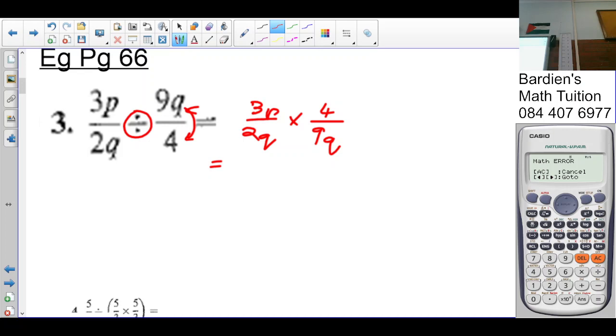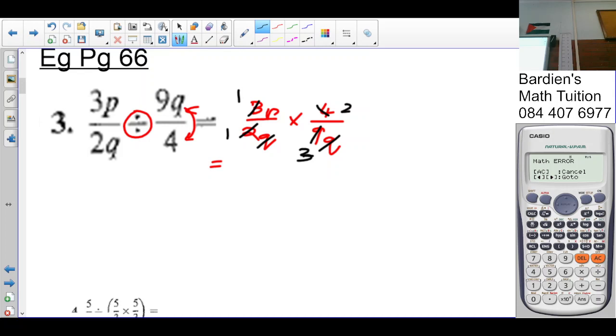Now what can cancel here? Simplify. 2 goes into 2 once, 2 into 4 twice. What else can simplify? 3. 3 goes into 3 once, 3 into 9 three times. And the q cancels q, not so?